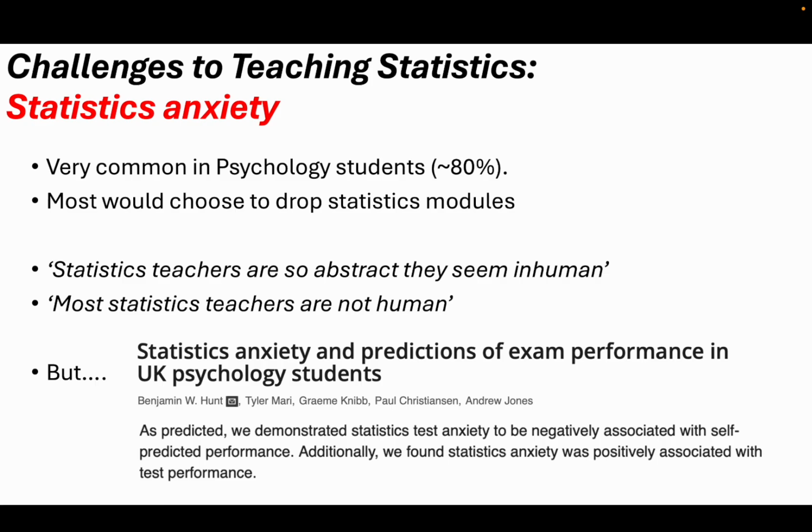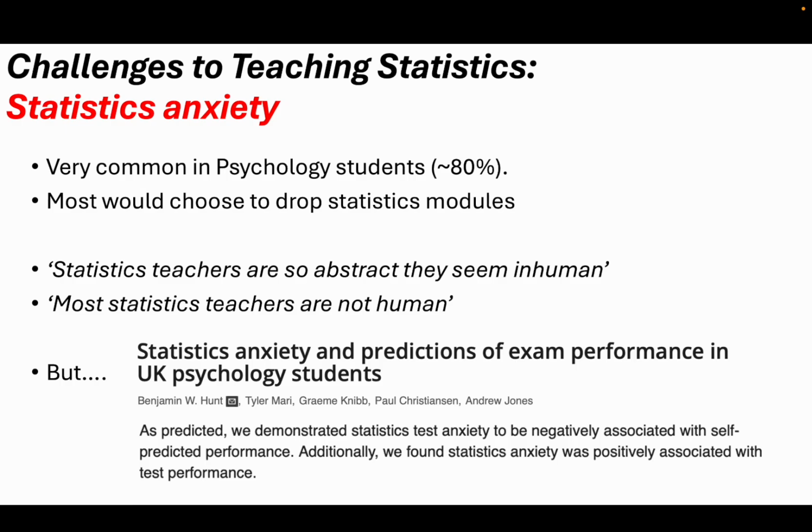So despite its prevalence, statistics anxiety might not all be bad. So in a recent study, we looked at the effects of statistics anxiety on academic outcomes. So we measured stats anxiety at the beginning of a course, and we found it to be negatively associated with how well the students thought they'd do.